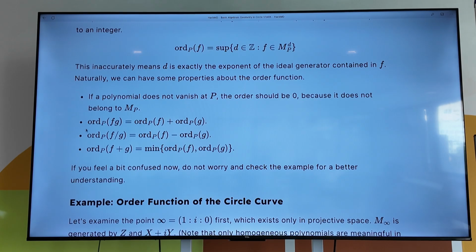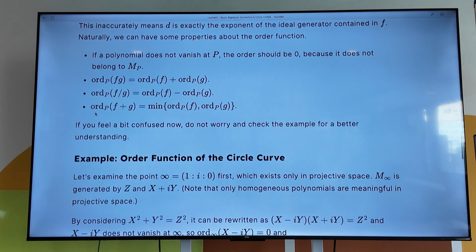If we have two polynomials f and g, we multiply them, and the order function of the product is just the sum of the order functions of each polynomial. The other properties are simple, because if a function vanishes at some point, the order is exactly the exponent of the generator.